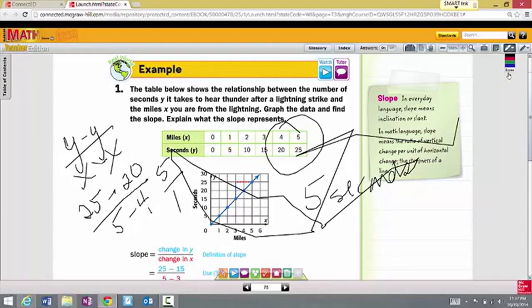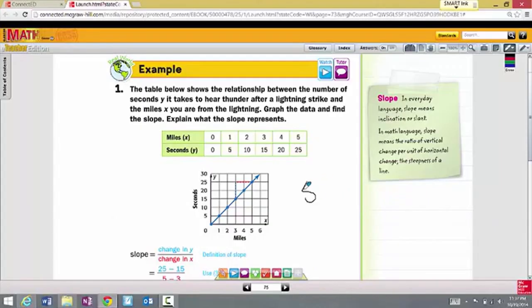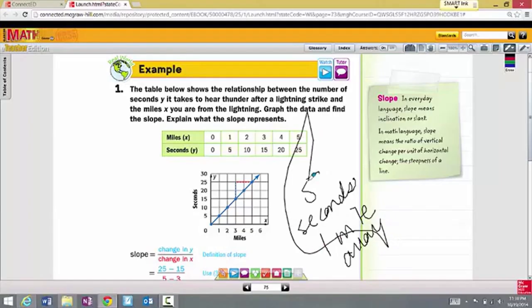Make sure you have that written down. If you don't, pause it and write it down. For every 5 seconds, because it's 5 over 1, it is 1 mile away. For every 5 seconds, it's 1 mile away.